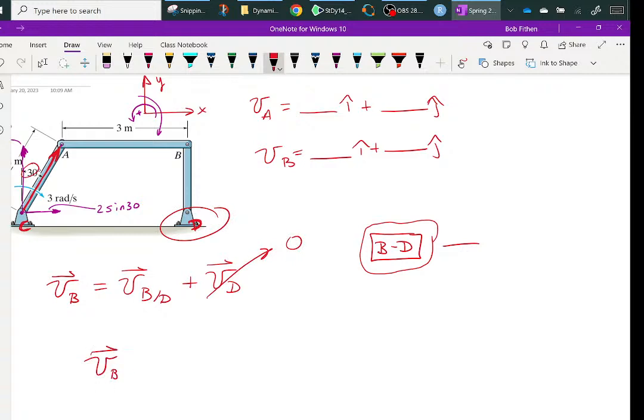Now, I can go in here and do this and say, I'm going to just assume this link goes this way. It's a positive. So here's the thing. I'm going to say it's a positive omega BD. And you know for a fact it's not going to be going that way, because this link is going that way. It's going to be pushing the velocity that way. That's not going to be the case.